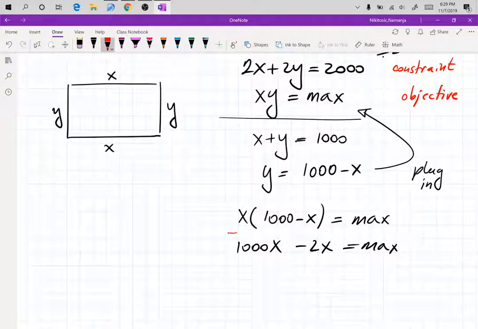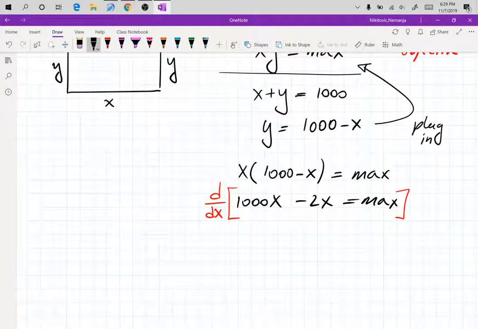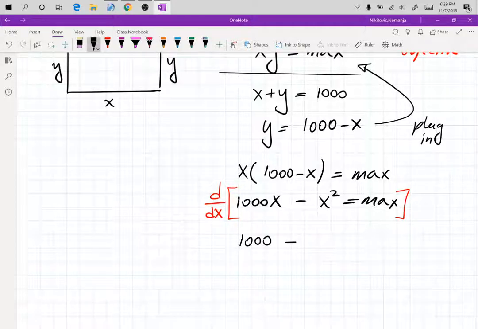And now we have to take the derivative. So when I take the derivative, we have 1,000. Wait, shouldn't that be x squared? Please pay attention to notify me sooner of silly things I write. Thank you. x times x is x squared, and now when we take the derivative, it's 2x, and we set the derivative of a maximum, which is some area, say 5,000 square miles, to 0.